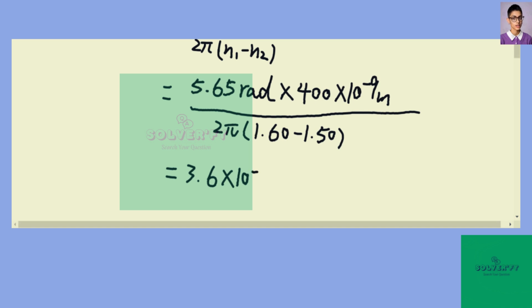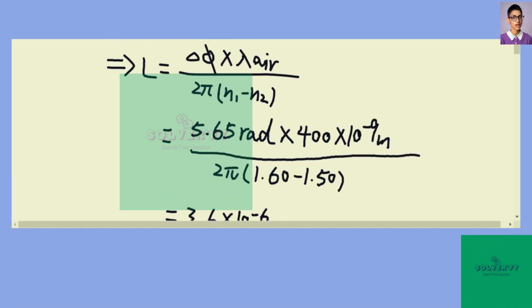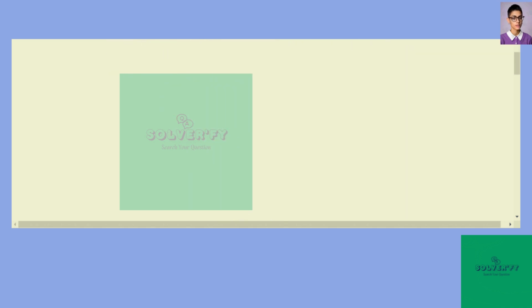So for question B, it was asking us, is it fully constructive or fully destructive, or intermediate but closer to fully constructive, or intermediate but closer to fully destructive? My answer is intermediate but closer to fully constructive. Why is that? Remember the difference was 5.65 radians.